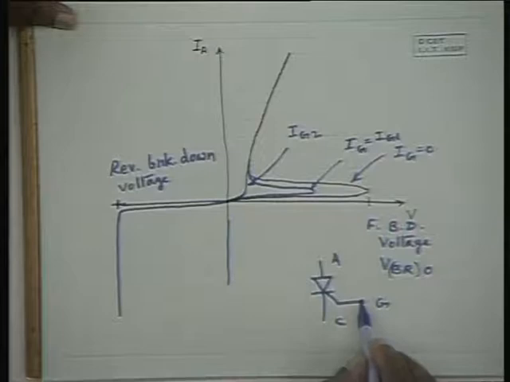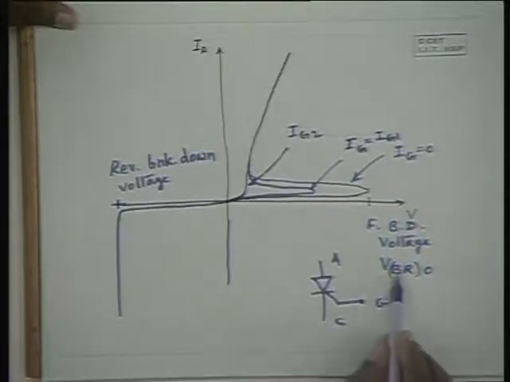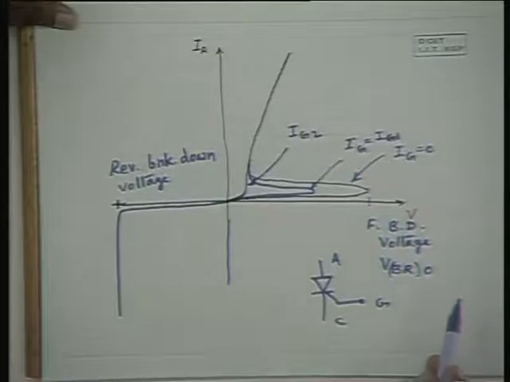When the gate is short circuited to the cathode, then it is VBRS. And sometimes in the circuit, to limit the gate current, a resistance can be connected between cathode and the gate, in which case it can be written as VBRR. So these voltages are different.